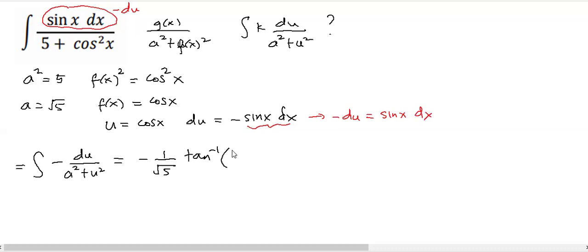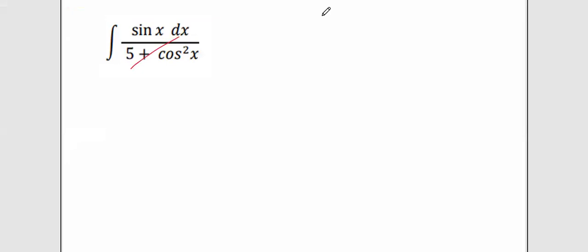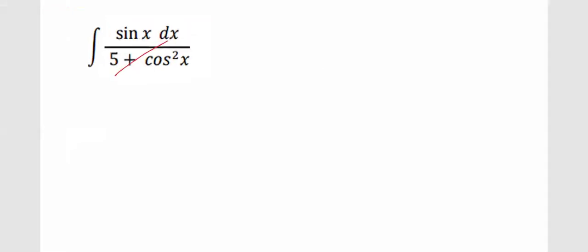Ano yung u natin? Cosine of x, over a, that is square root of 5, plus c. So, 1 over a arctan u over a. So, yan yung sagot na. So we're done with this.